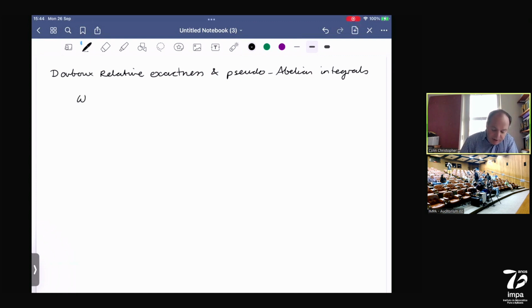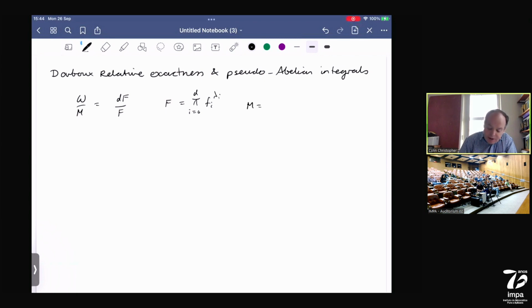So we have the system we had already. So we've got omega is our one form that we're interested in. I'll explain the notation in a second. So f is my Darboux first integral. So it's going to be the product from i equals 0 to d of some polynomials to some powers.